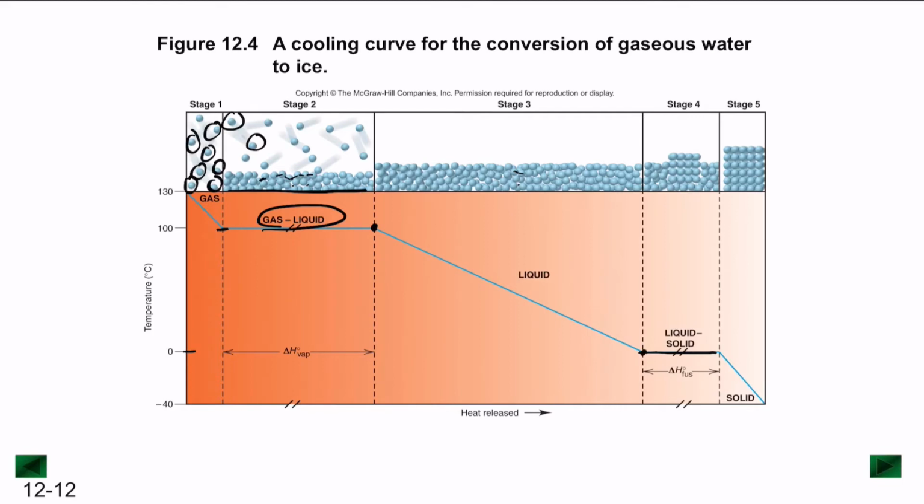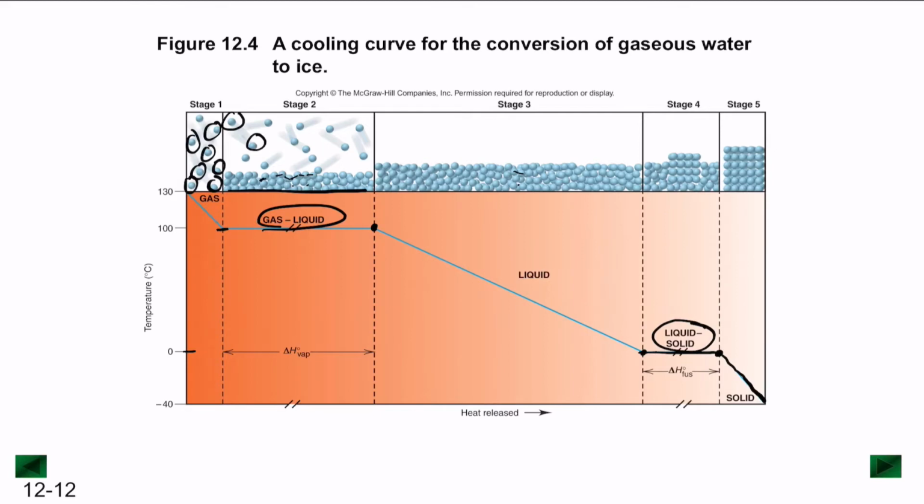So it starts creating a liquid-solid mixture, and it stays at a constant temperature until all of the liquid is converted into a solid. Once it freezes into ice, again it starts lowering temperature and going downward.